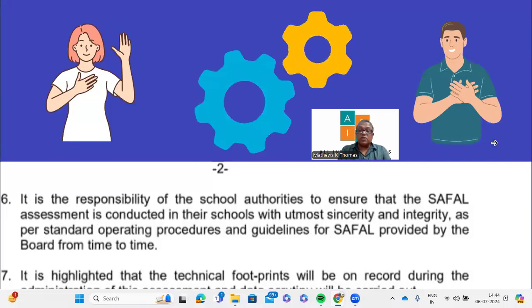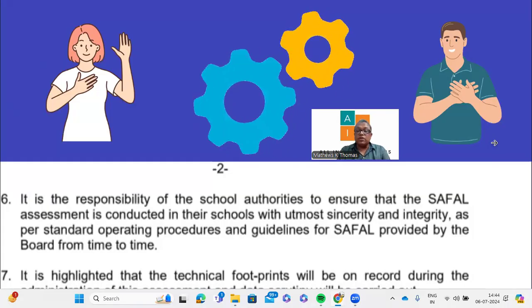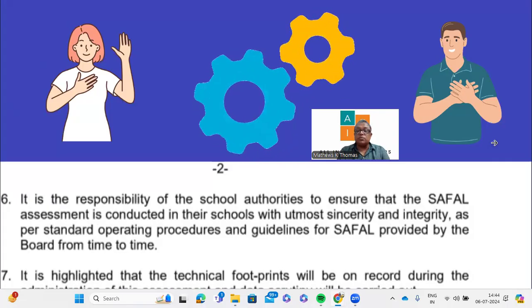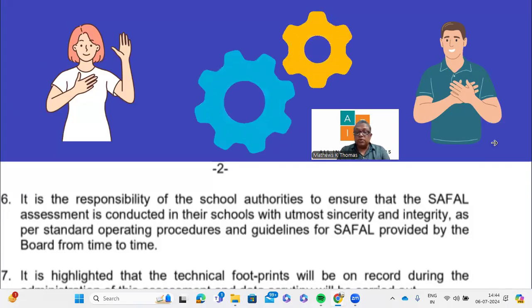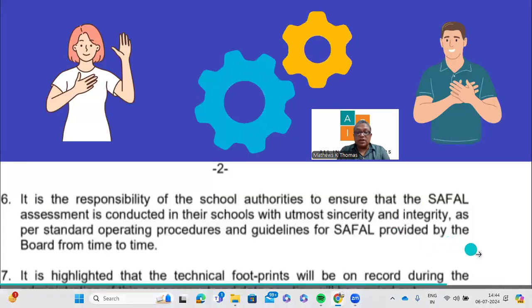But this is not expected from educators, not expected from schools, and therefore it has to be made totally fair, and it should be sincere testing where the invigilators are strict and no form of cheating is happening in any form. Okay, so it is important that this exam is conducted like this.